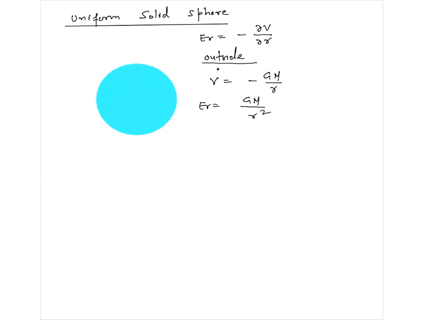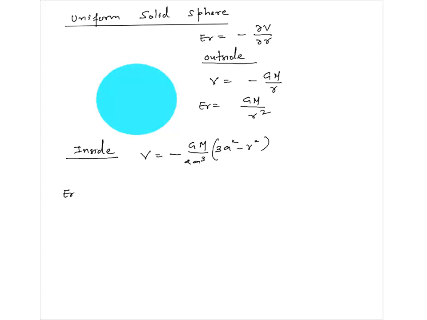Now, for inside points, the discussion we had towards the end of the last class was valid for this inside case. So the V that was used was minus GM by twice a cube into 3a square minus r square.